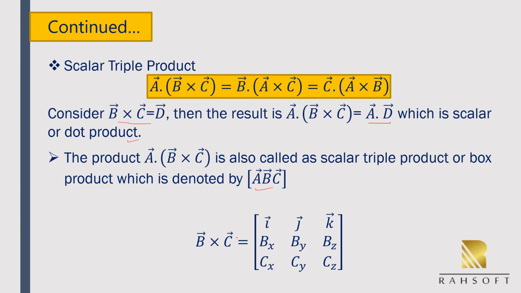So B cross C, you can show as this determinant: unit vectors i, j, k, and Bx, By, Bz, Cx, Cy, and Cz.